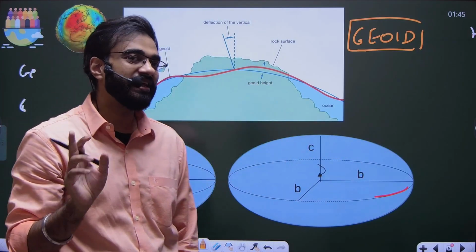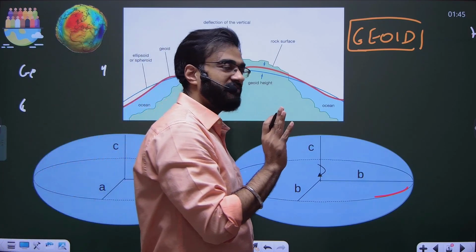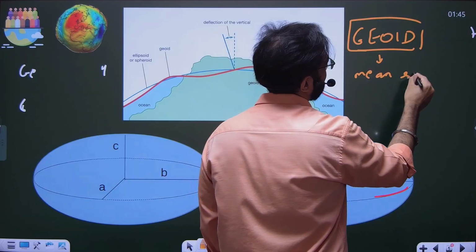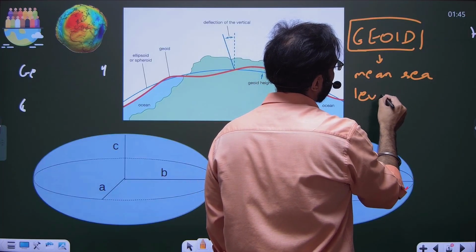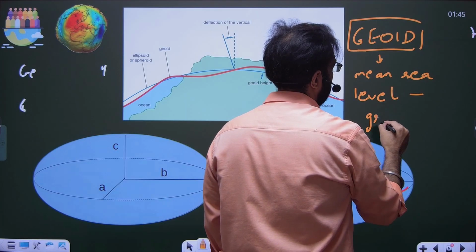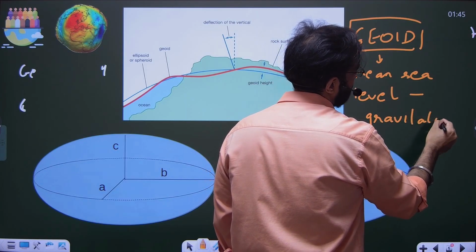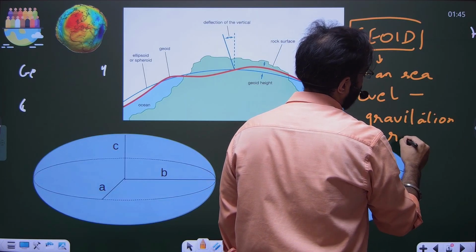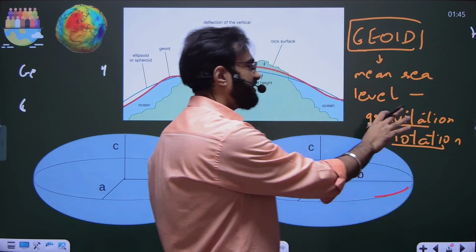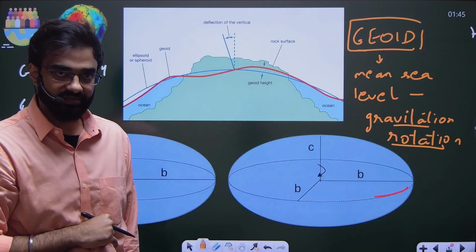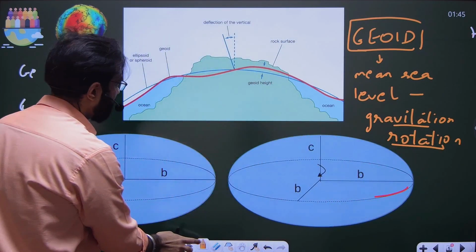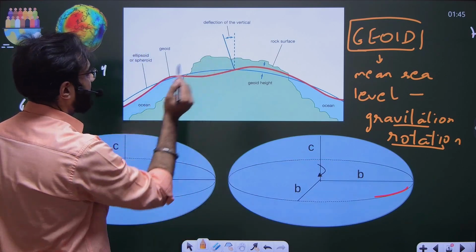That is not entirely correct, because the geoid, if I define it, is the mean sea level which is attained due to gravitational force and rotation of Earth. If we ignore everything else and just keep the gravitation and rotation of the Earth, then the mean sea level, just observe in this figure, this is the geoid.